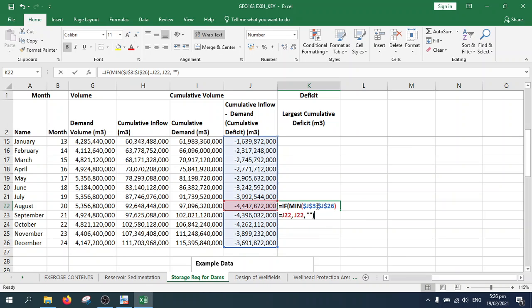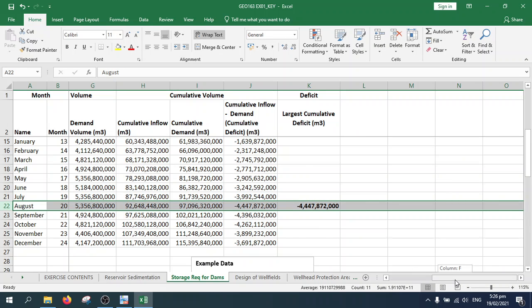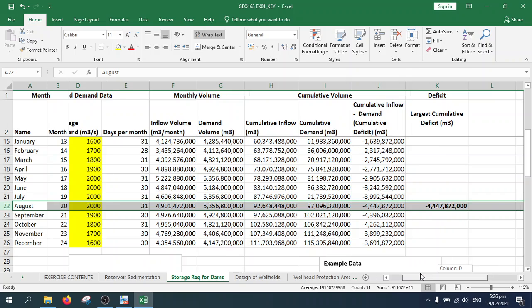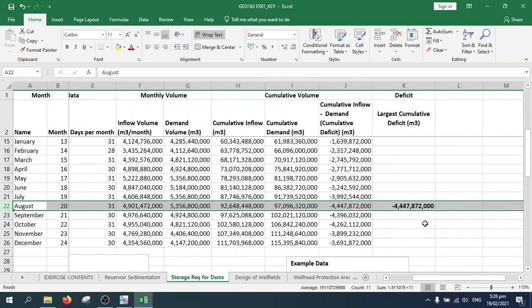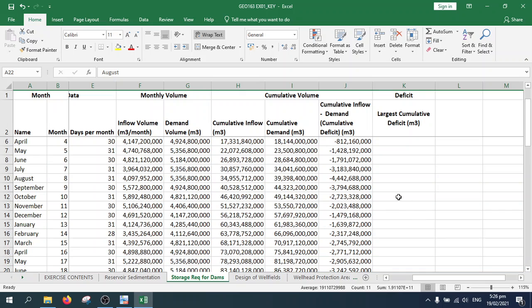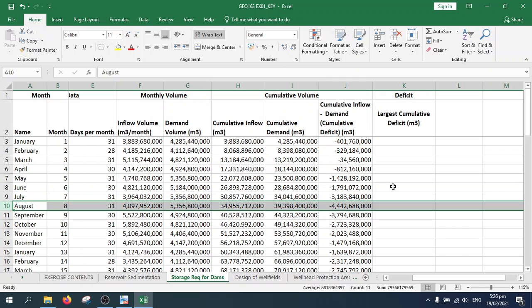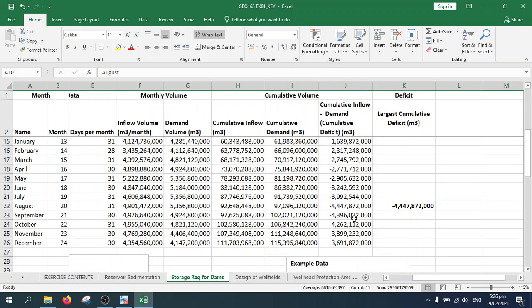All right, so the smallest value here, or the biggest deficit we have here, is in the month of August, in month number 20. Although there are other big deficits here, like in the month of August, in month number 8, and also September. All right.